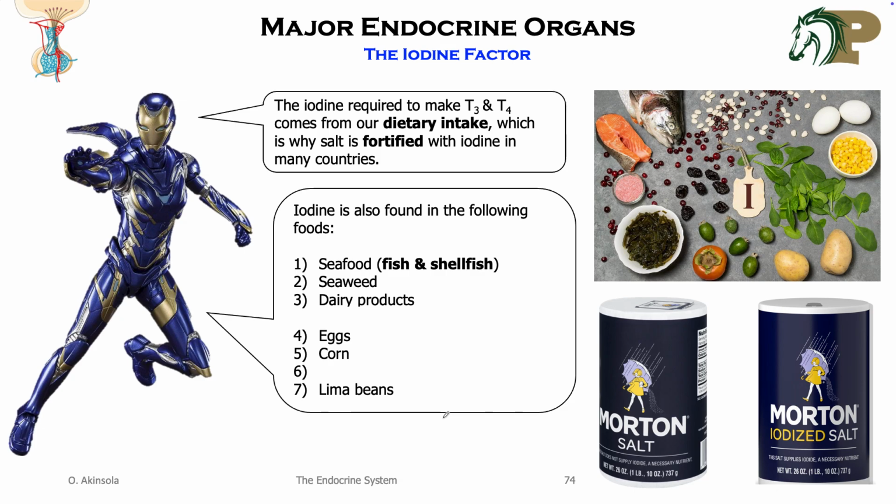Seaweed, dairy products like cow's milk, cheese, and yogurt. Eggs, corn, prunes, and lima beans. Okay, so you can see here, salt usually is fortified with iodine, so that we can have that steady supply of iodine in our diet.